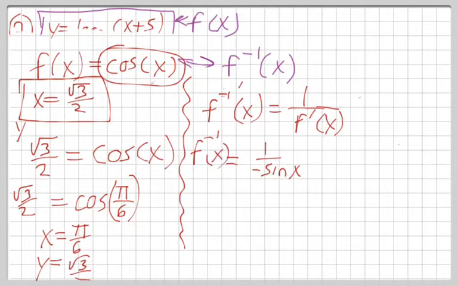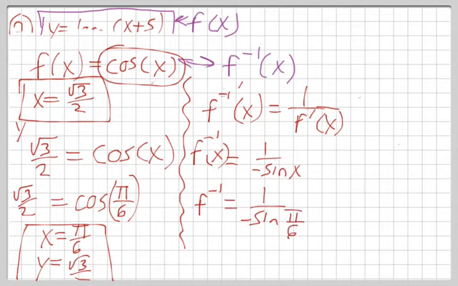We've already found our x and y values are switched. So the derivative of the inverse, you just plug in pi over 6. If you take the sine of pi over 6, you get 1/2.